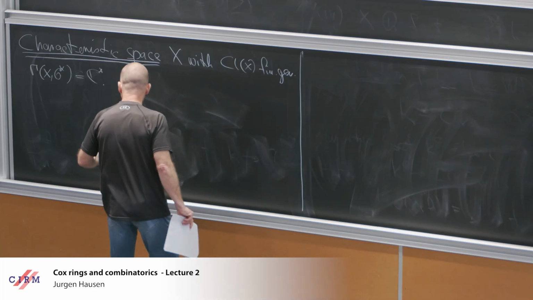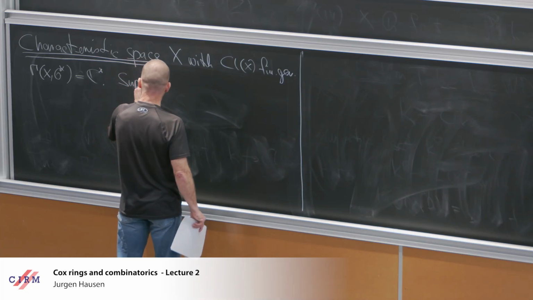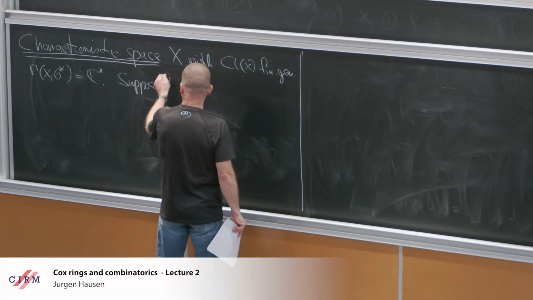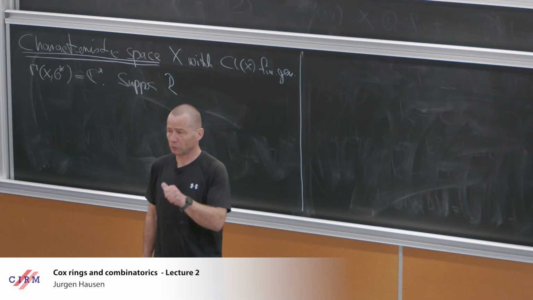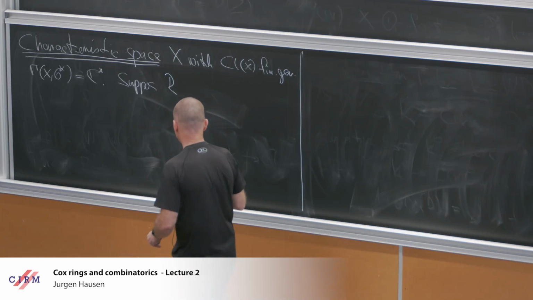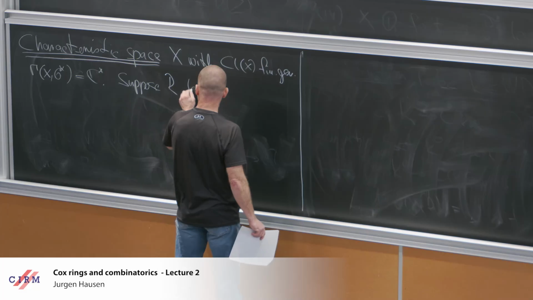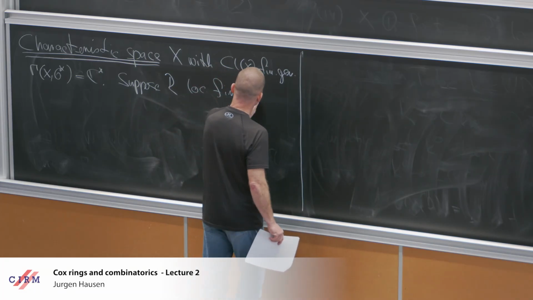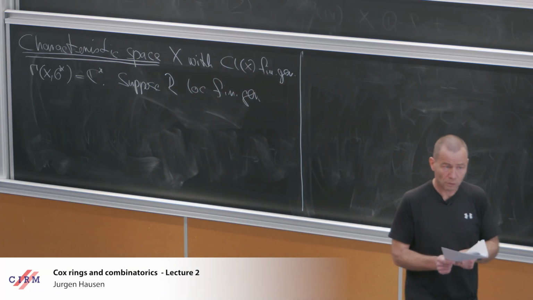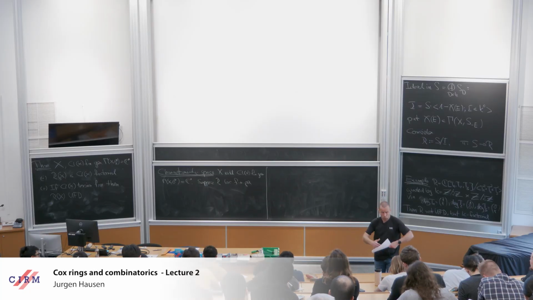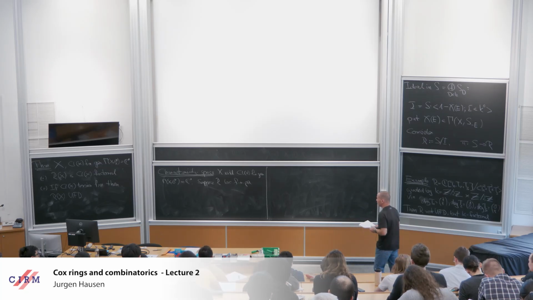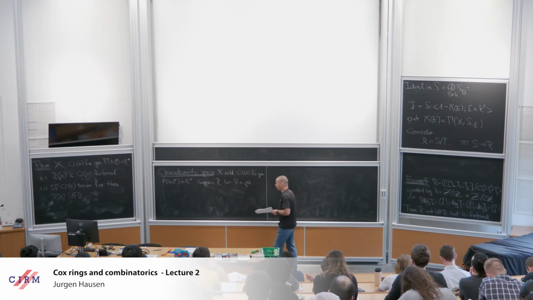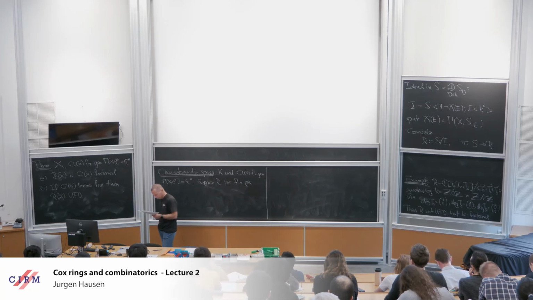And we suppose, as I learned, that our X has KLT singularities. What I mean is the Cox sheaf is locally of finite type. What is easy to see, I told you, is if we are Q-factorial or if we have finitely generated global Cox ring.